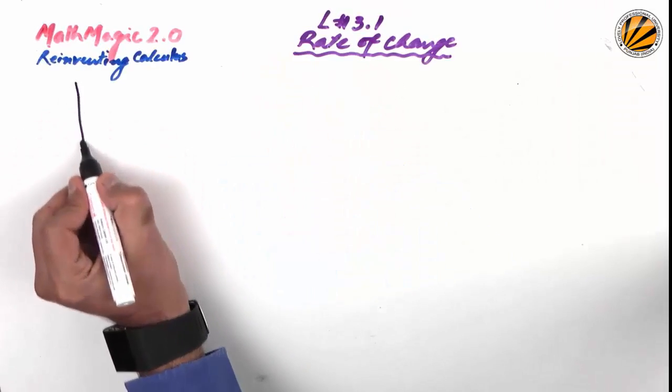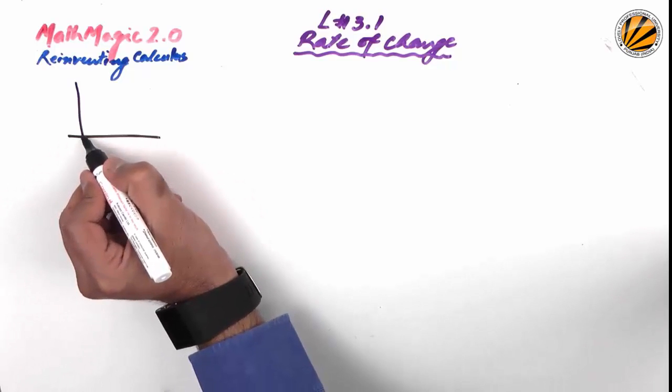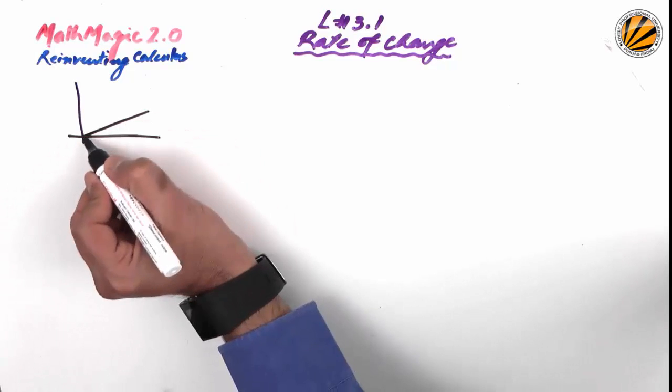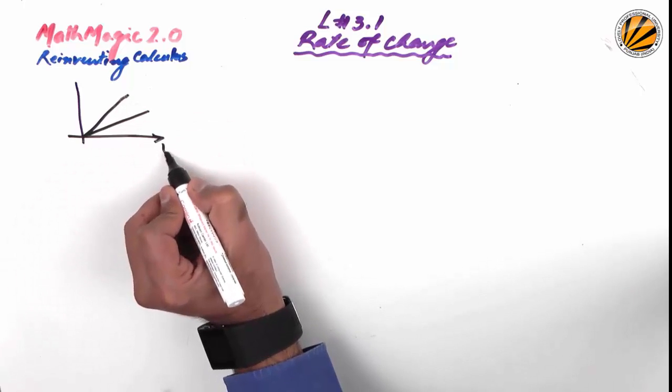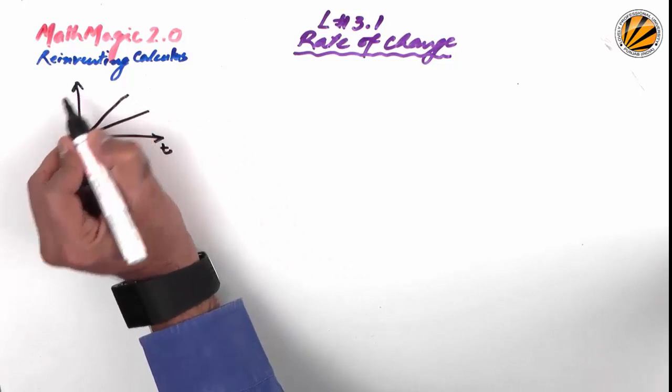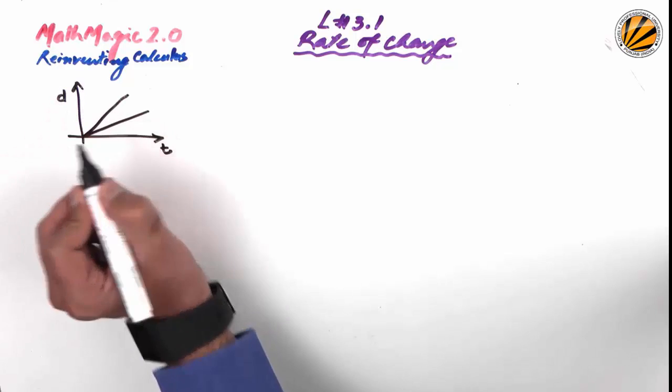So we have seen that for any given instance, for example, if this is the time being elapsed and this is the distance travelled.